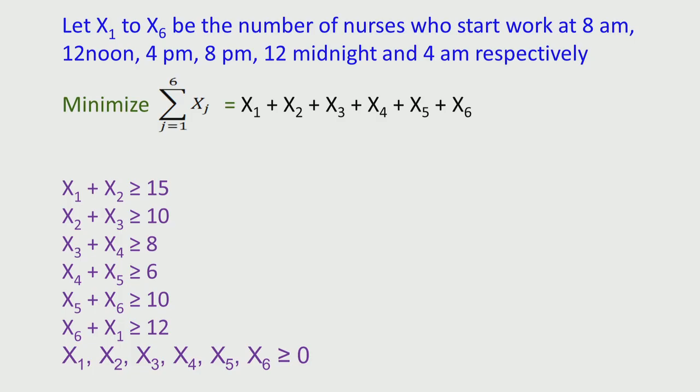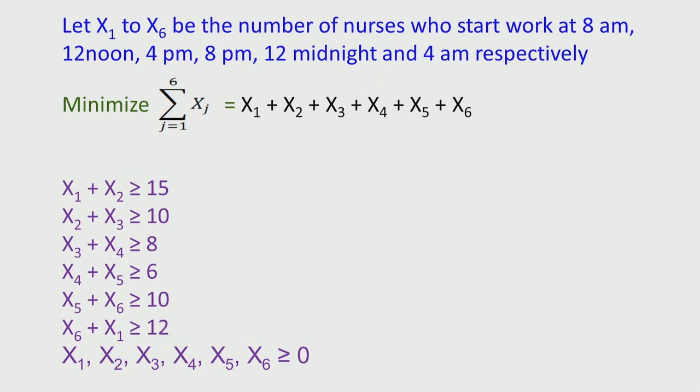Now, the objective function will be to minimize the total number of people who are working, and therefore, it is to minimize x1 plus x2 plus x3 plus x4 plus x5 plus x6. That is shown here as the objective function.